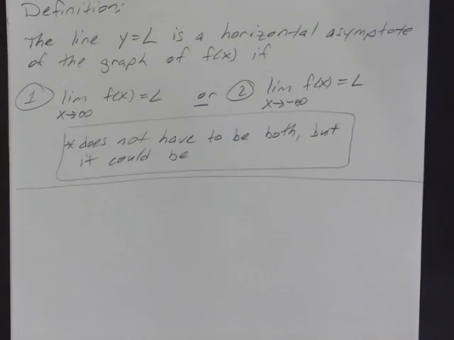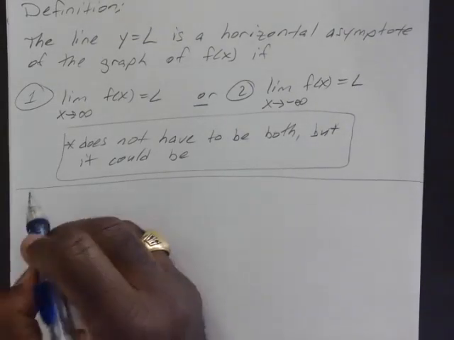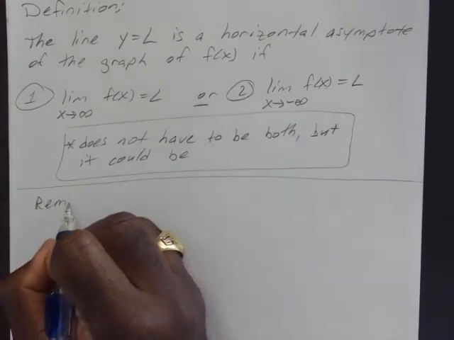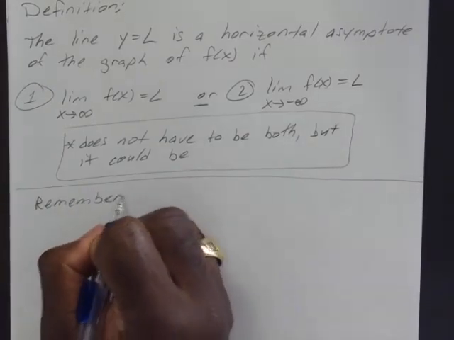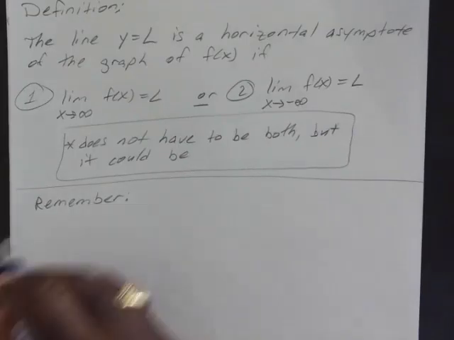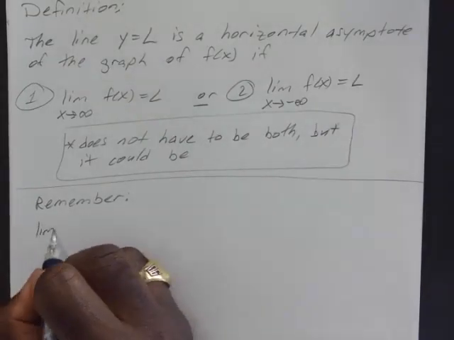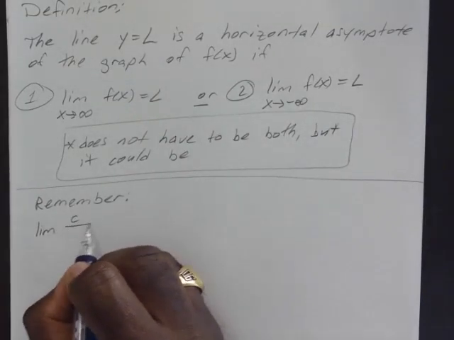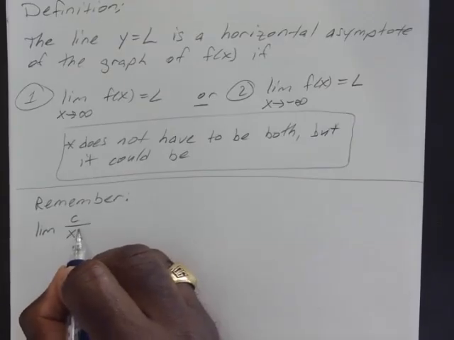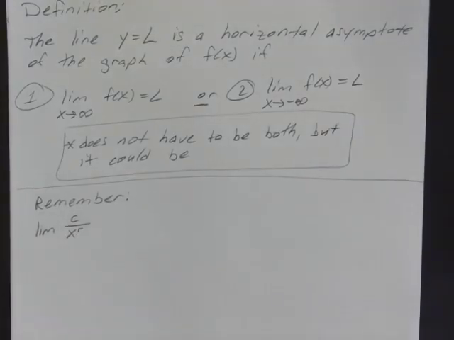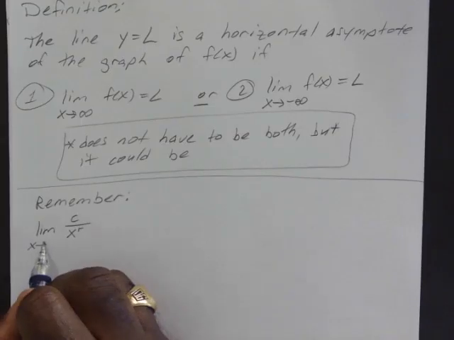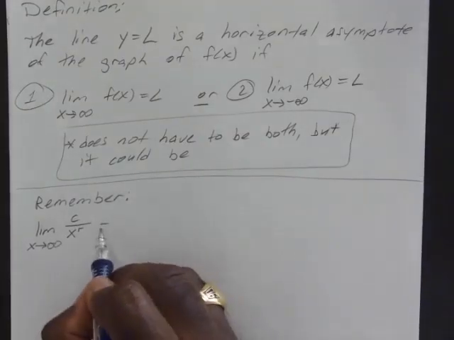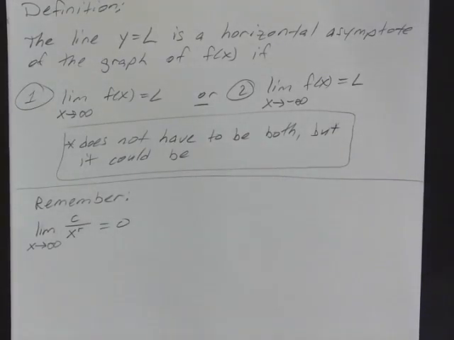Okay. Now, for a lot of these questions, you want to be able to remember if you have the limit of some constant divided by some value that's getting bigger and bigger and bigger, it's going to equal 0.